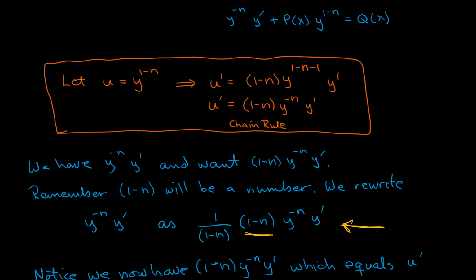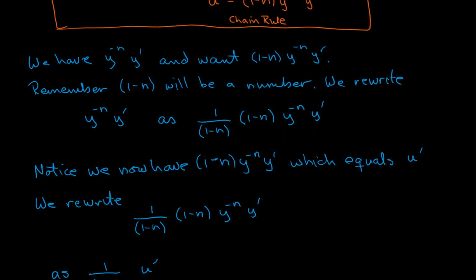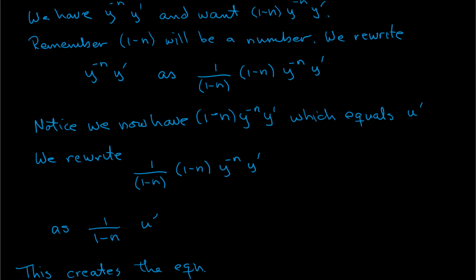So this fraction at the front is just going to be 1 over negative 2 or negative 3, whatever it is. So what we now have is a situation where we have our 1 minus n, y to the negative n, y prime, but it's all multiplied by 1 over 1 minus n.